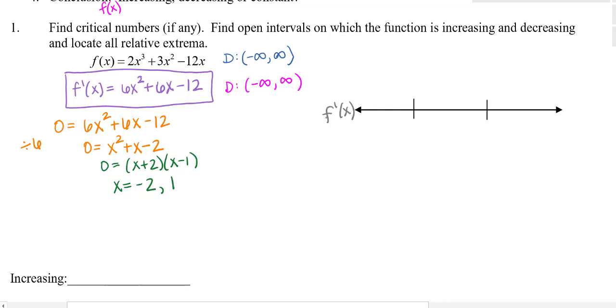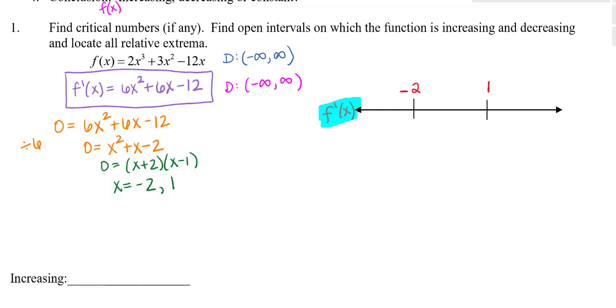We're going to have a number line that looks similar for the second derivative, but those conclusions are going to be concave up and concave down, so you'll want to make sure you know which number line you are on, first derivative or second derivative test. And then I will label on this number line my x values where my derivative was 0. So I will put a -2 and a 1. And I would also at this time put on any domain restrictions. I don't have any domain restrictions, so that's it.